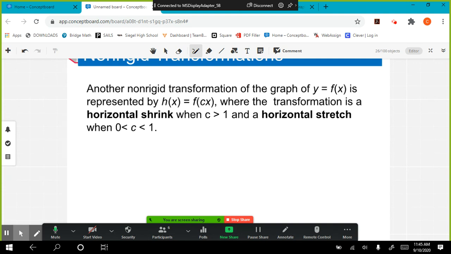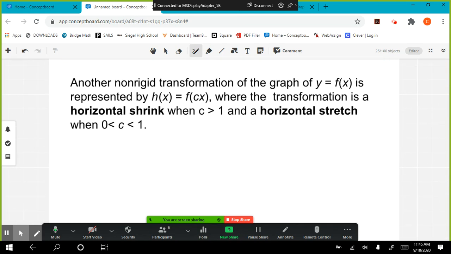All right, another non-rigid transformation of the graph is represented by h of x equals f of cx. Notice what they did there. They took the x and multiplied it by a number. Not the whole function, just the x. Okay? And same thing, except this is a horizontal.